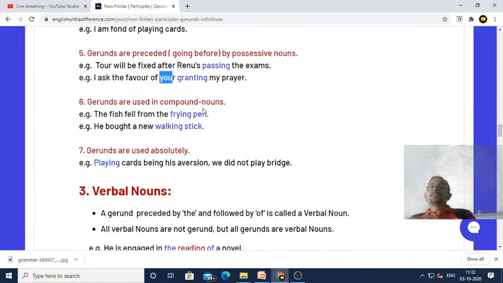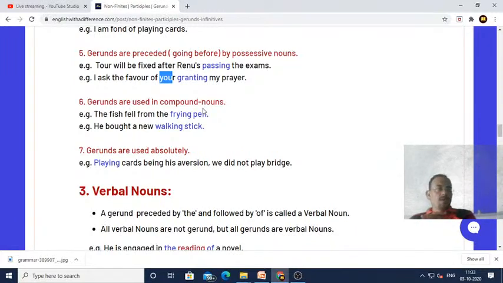And if I say this is Renu's book, this book is possessed by Renu. Therefore these words are called possessive nouns and pronouns respectively, because they show possession or ownership.